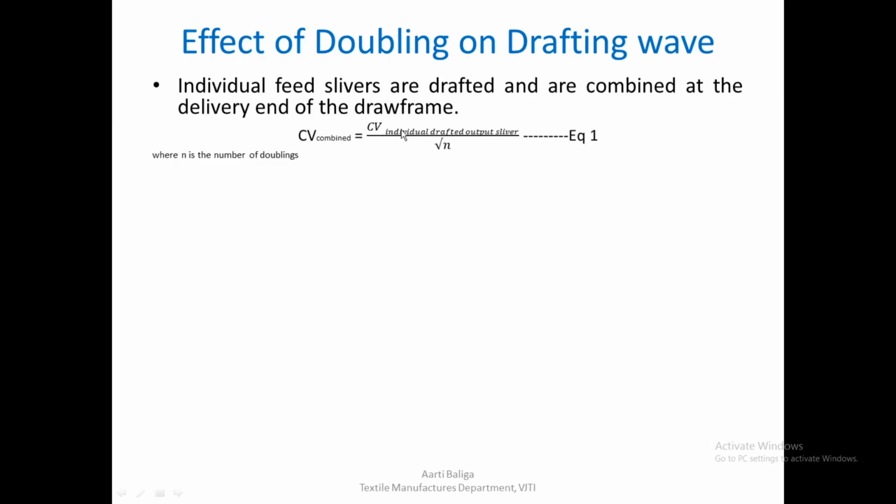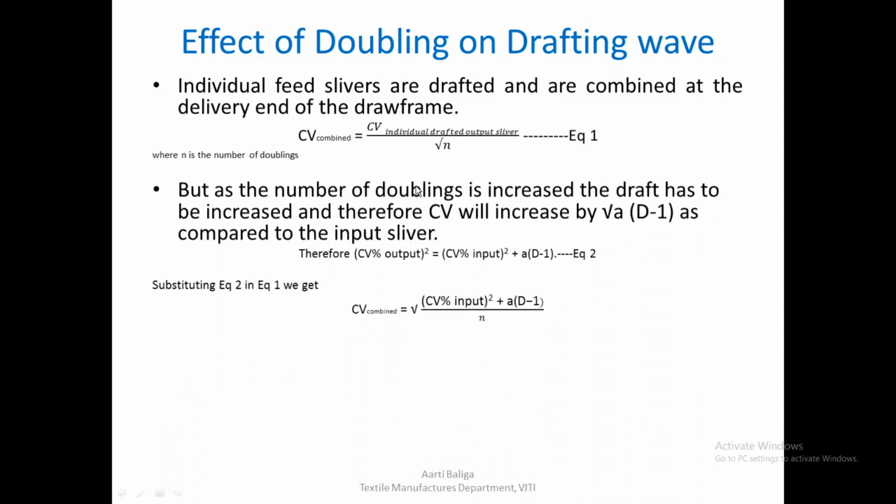So let us see what happens with the CV of individual slivers. As the number of doublings is increased, we have already seen this concept: the moment you increase the doublings, you have to increase the draft to maintain the thickness of the output sliver.